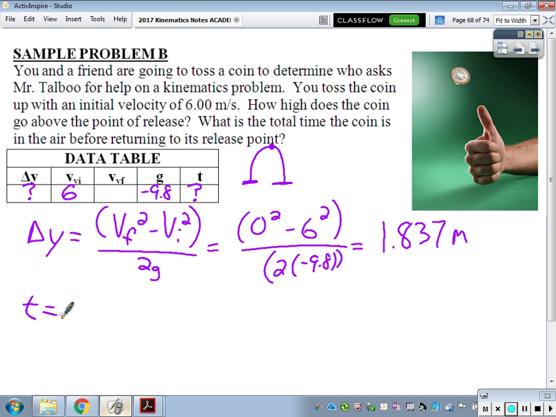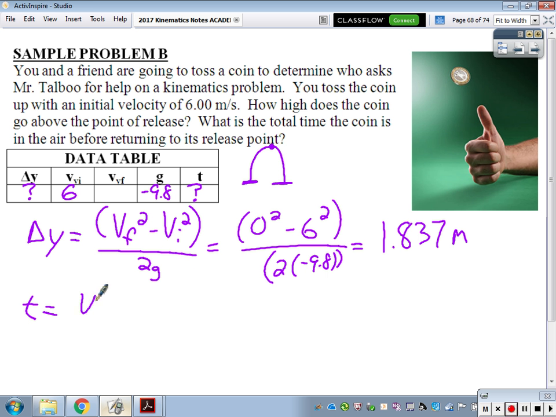For time, do we know the final velocity when it returns back to our hand? It's negative 6. Because if there's no air resistance, since it is a symmetrical problem, the speed it's launched with is going to be the speed it comes back down with.